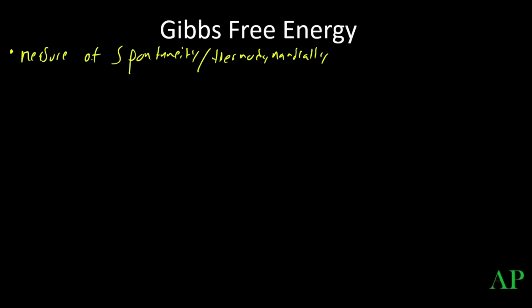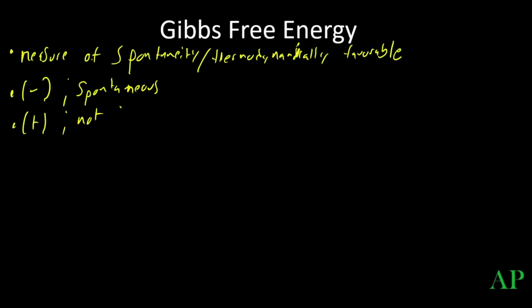The term that's used more commonly is spontaneity nowadays, but if they use the other term, it means the exact same thing. A negative value is spontaneous. A positive value is not spontaneous.